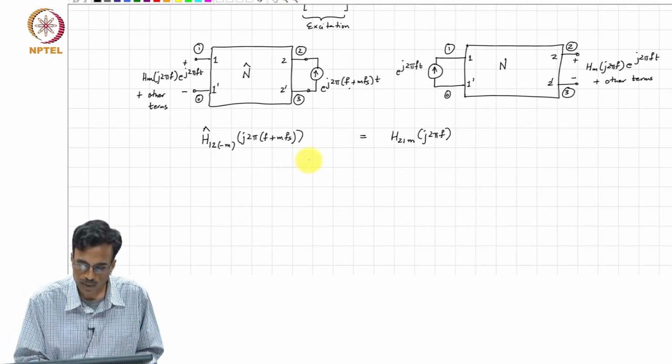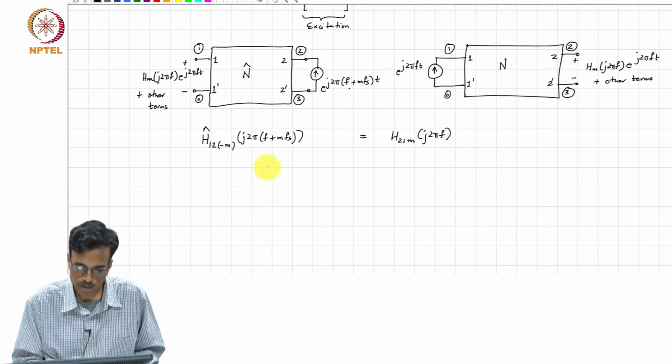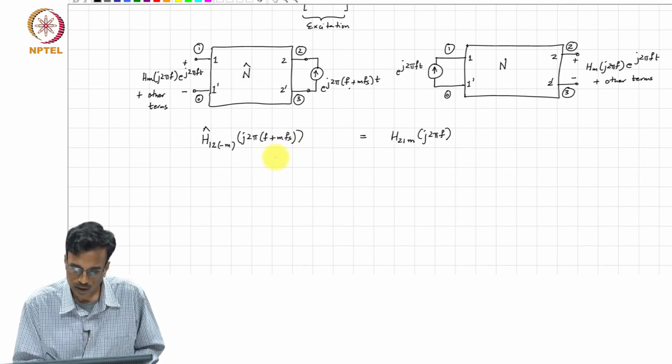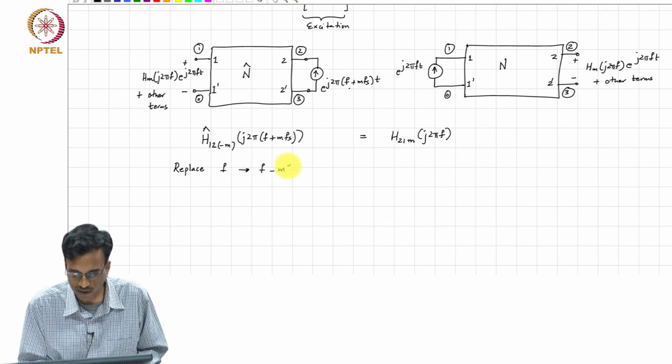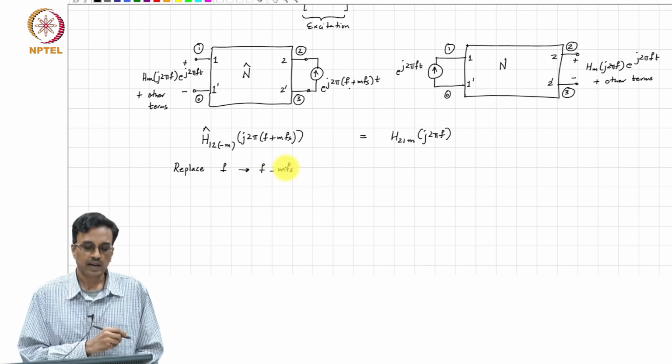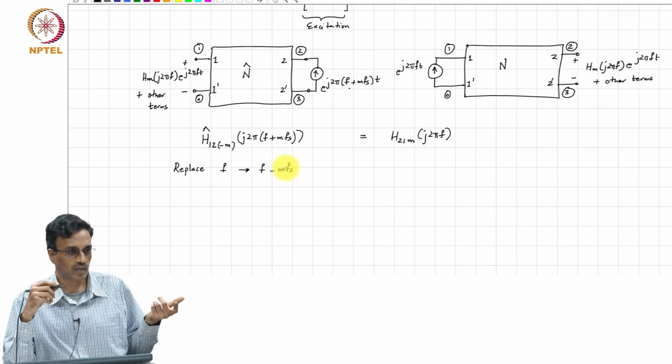Now, if you replace f with f minus mfs in the above equation, f is an arbitrary frequency, so I can replace it with anything.